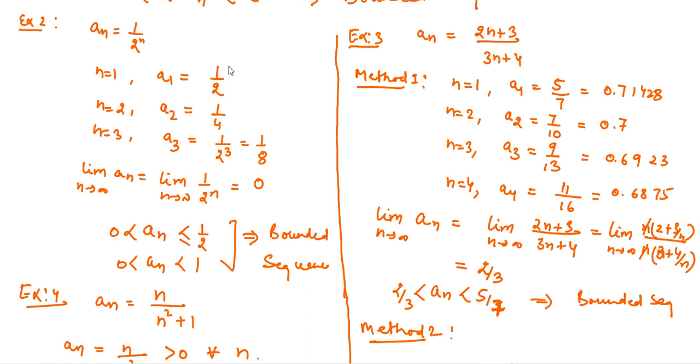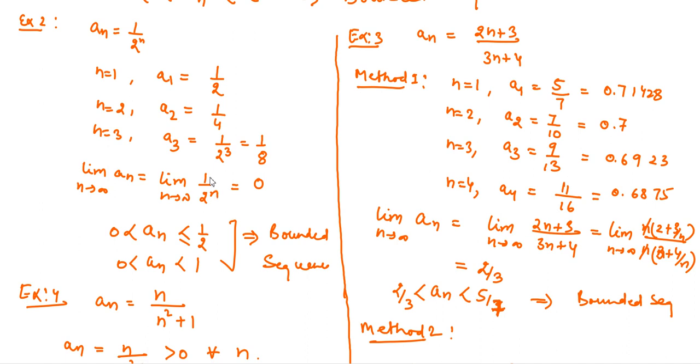So it means the terms of the sequence are decreasing as n is increasing. So what we need to find, we have to find the lower bound for this sequence, because the upper bound is 1/2 or any number which is greater than 1/2. Okay, so let's find the limit when n is tending to infinity. So when we put n tends to infinity, 2 to the power n tends to infinity.